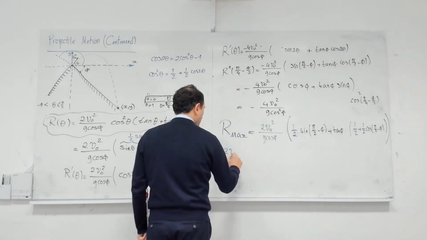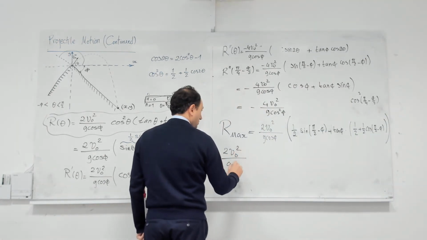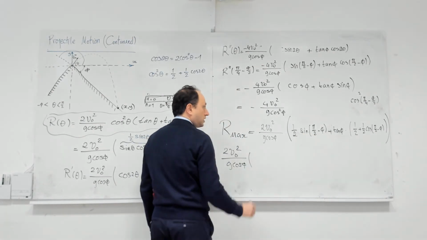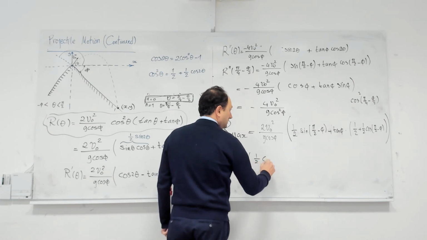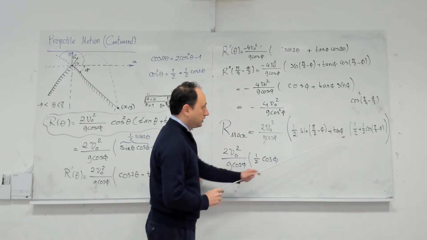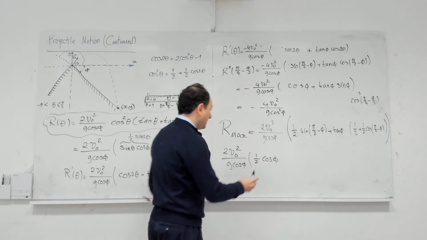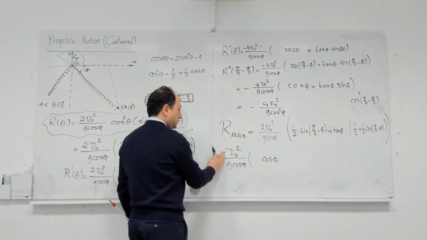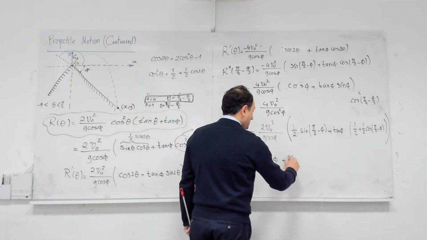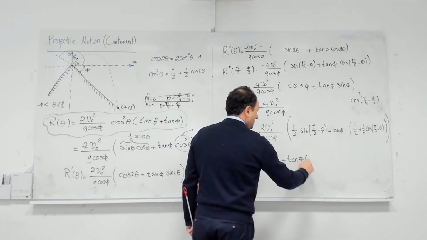So 2 v naught squared over g cosine phi. And then this is sine of what? So this is cosine of phi. By the way, you see there is a 1 over 2 here, 1 over 2 there, 1 over 2 here. I take it out and I cancel it with these 2. Yes, it is easier. And then it becomes tangent of phi. What is left?